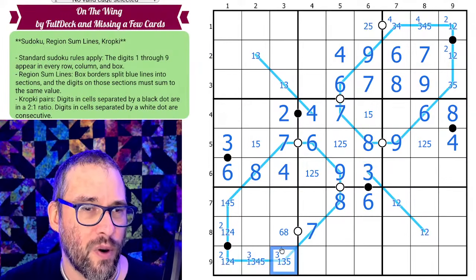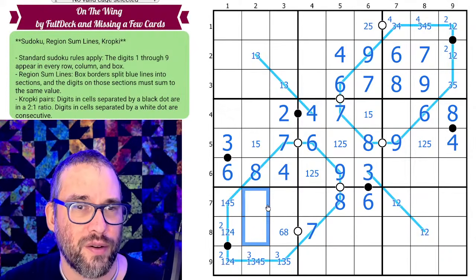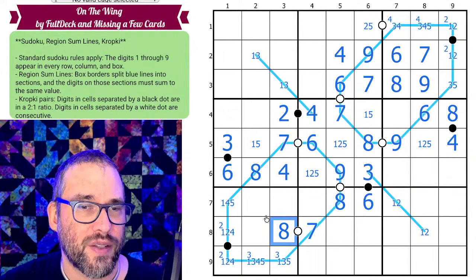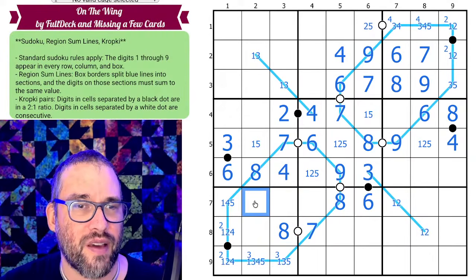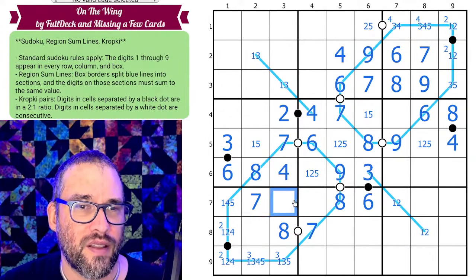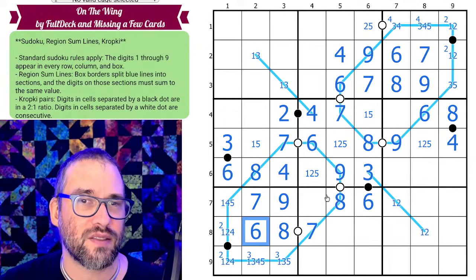So no 4 there. 8's going into the box. What about 7's? Yes, 7's. And then that's 9 and that's 6.